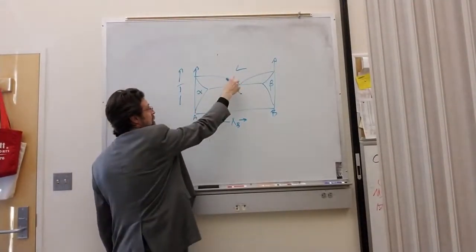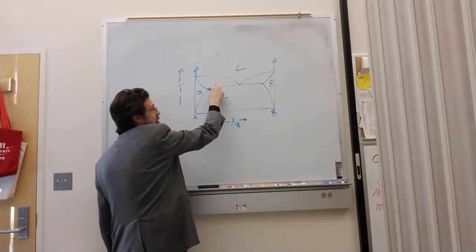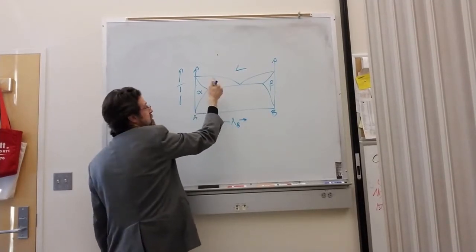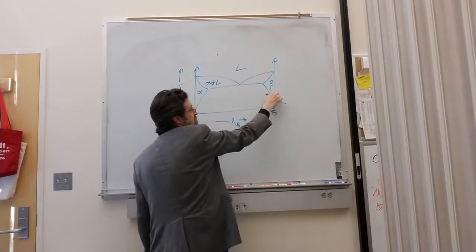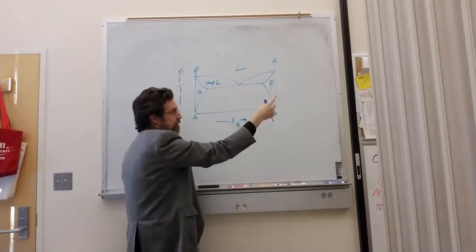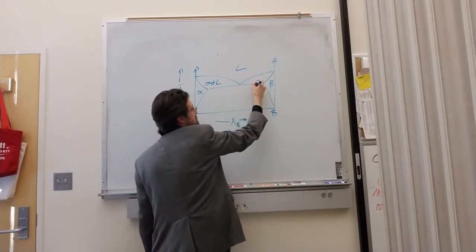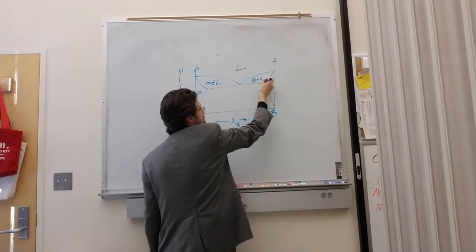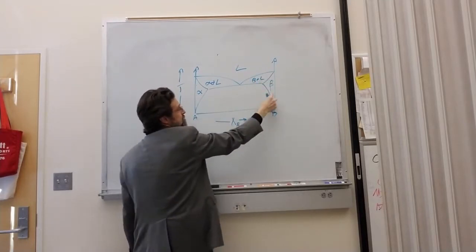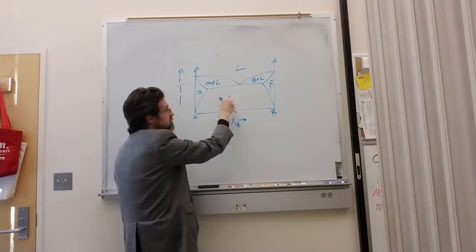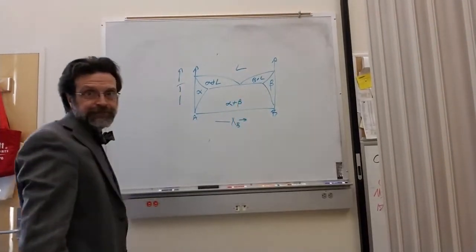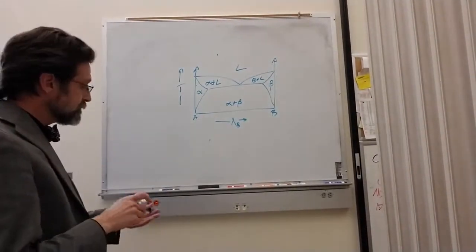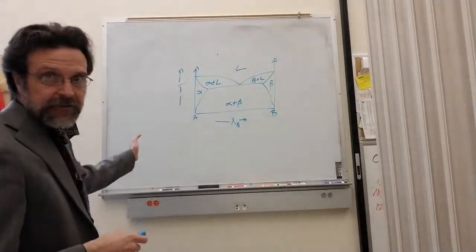So for example, here we have alpha and we have liquid. It's separated by that region. So this must be alpha plus liquid. Here we have beta and liquid. They're separated by a region, so that must be beta plus liquid. And here we have alpha and beta, and they're separated by this region, so this must be alpha plus beta. So reading from this is exactly the same.